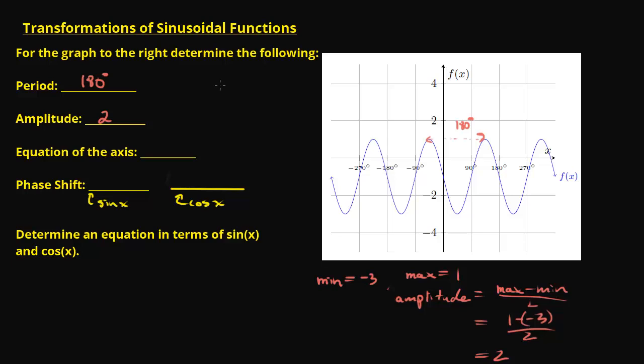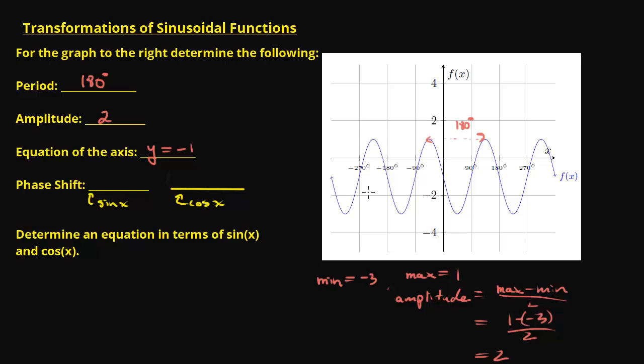The equation of the axis is just the horizontal line that cuts our function in half. So this looks like y is equal to -1. Another way to get that is to do the maximum plus the minimum divided by 2. So the maximum is 1, 1 plus -3 is -2, divided by 2 would be -1.